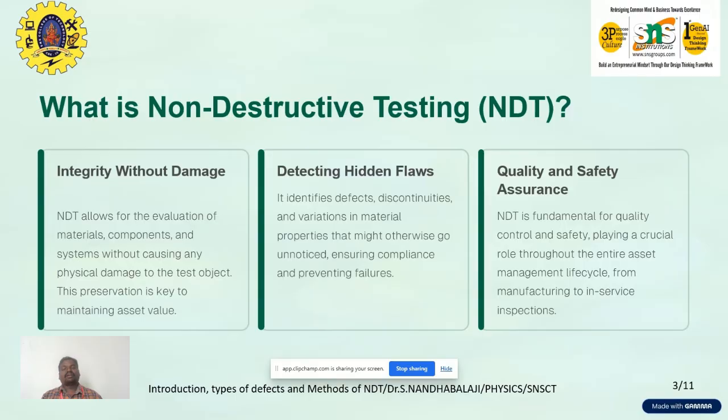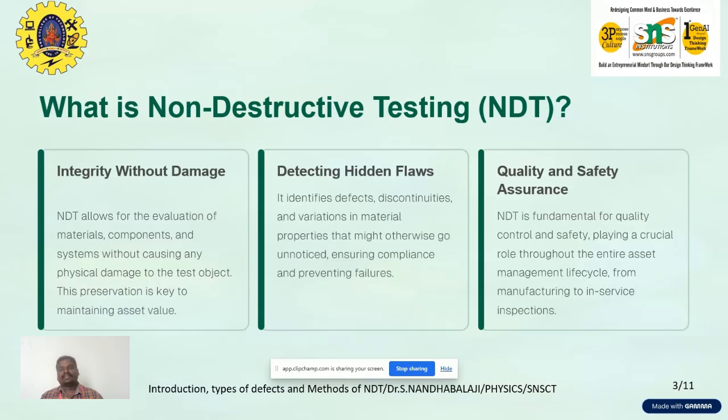Detecting hidden flaws: it identifies defects, discontinuities, and variations in material properties that might otherwise go unnoticed, ensuring compliance and preventing failures. Quality and safety assurance: NDT is fundamental for quality control and safety, playing a crucial role throughout the entire asset management life cycle from manufacturing to in-service inspections.